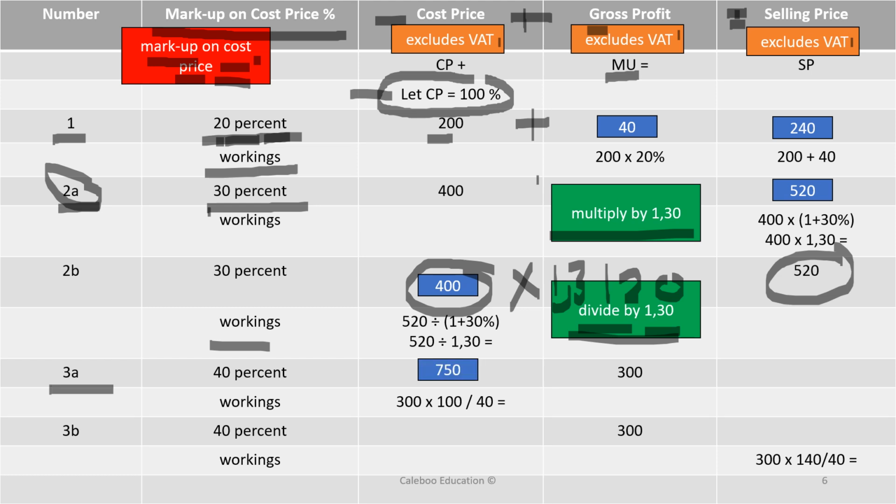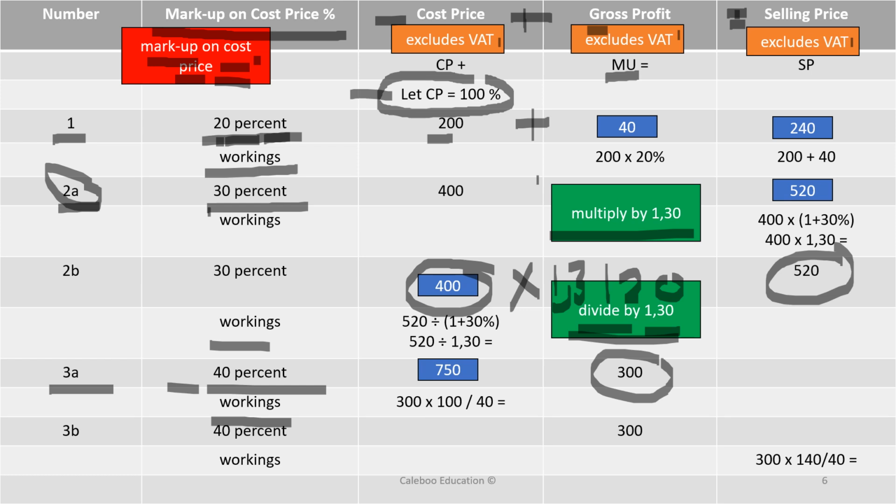Right, number 3a, the markup on the cost price is 40%. Here are the workings. We are given the gross profit, which is 300. Now I want to get back to the original cost price when the markup on the cost price is 40%.